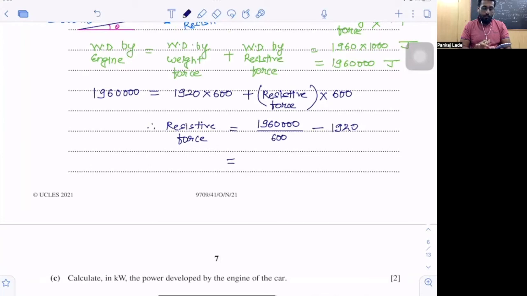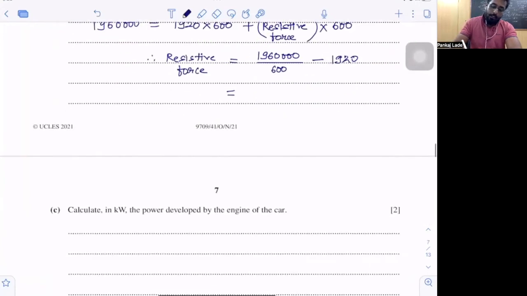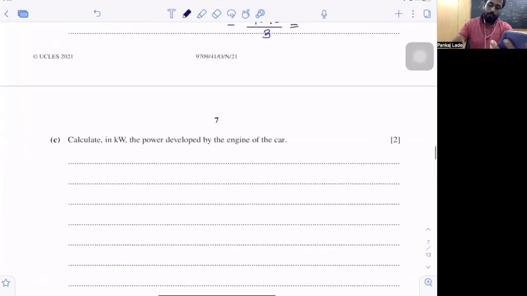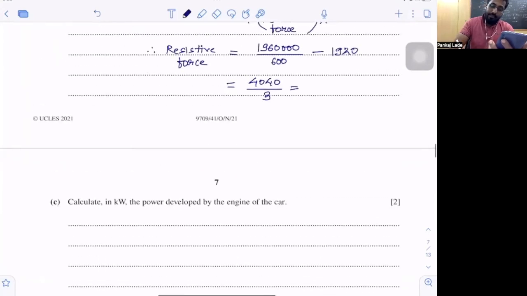I get some value, minus 1920. That's 4040 divided by 3. So I write here 4040 divided by 3. In decimals, it is going to be 1346.67.